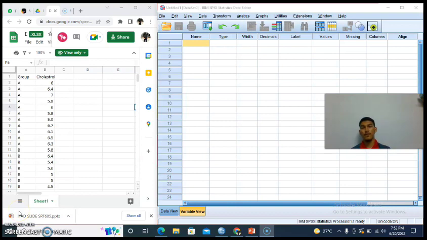Okay, next, before we state the hypothesis, we go to SPSS to key in the data. We go to the variable view, and for the name, we type group.